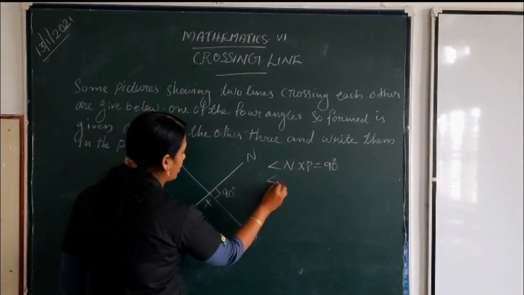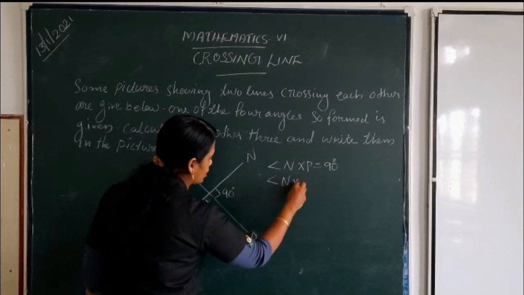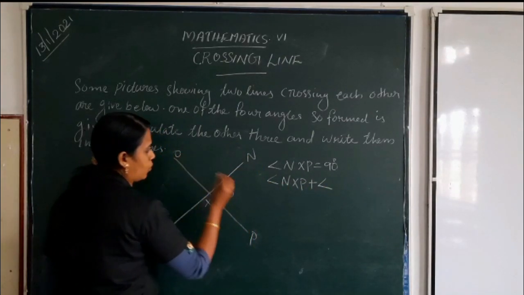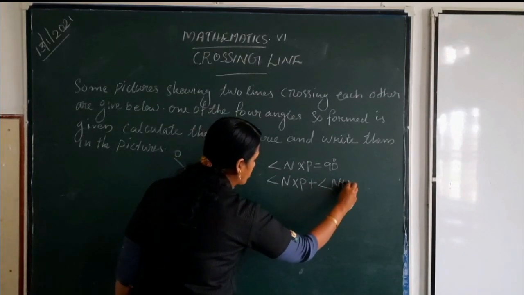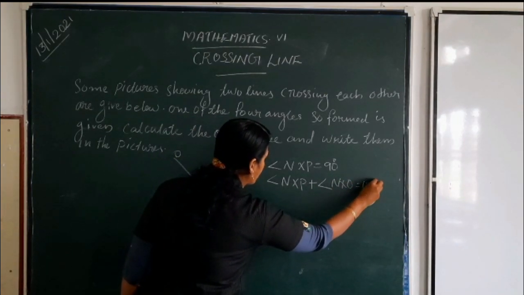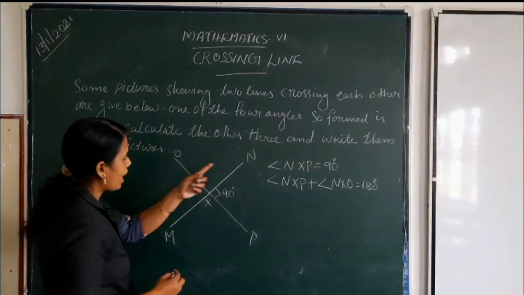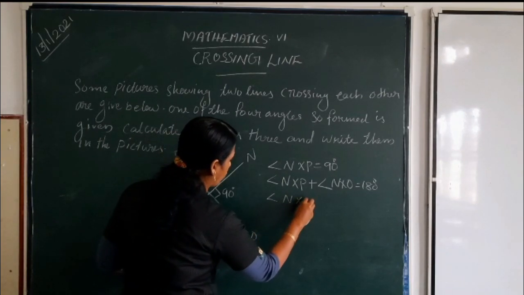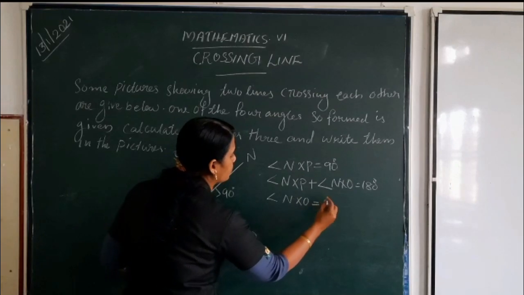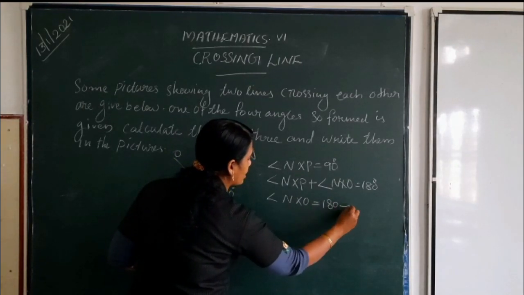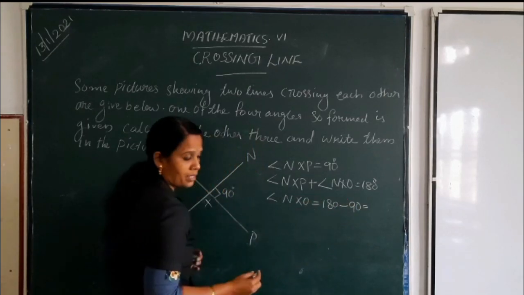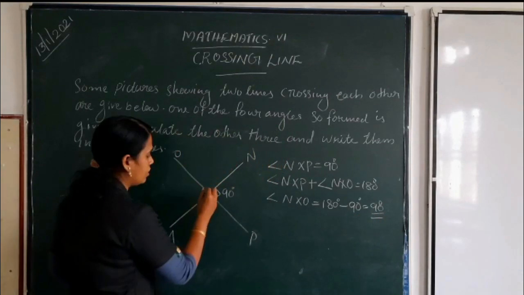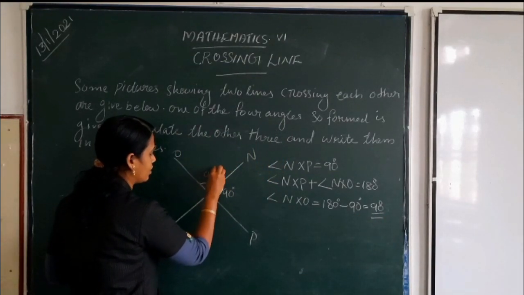Here angle NXP plus angle NXO is equal to 180 degree. So angle NXO is equal to 180 minus 90 is equal to 90 degree. So this angle is 90 degree.